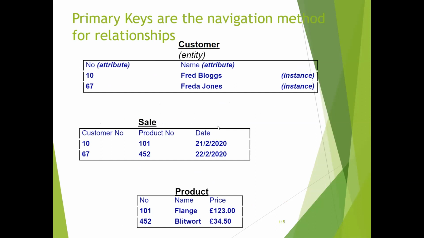What about the product at the bottom of this table? We talked about a customer having a number as the unique key. Is that the same scenario for the product? More than one person can buy the same thing.